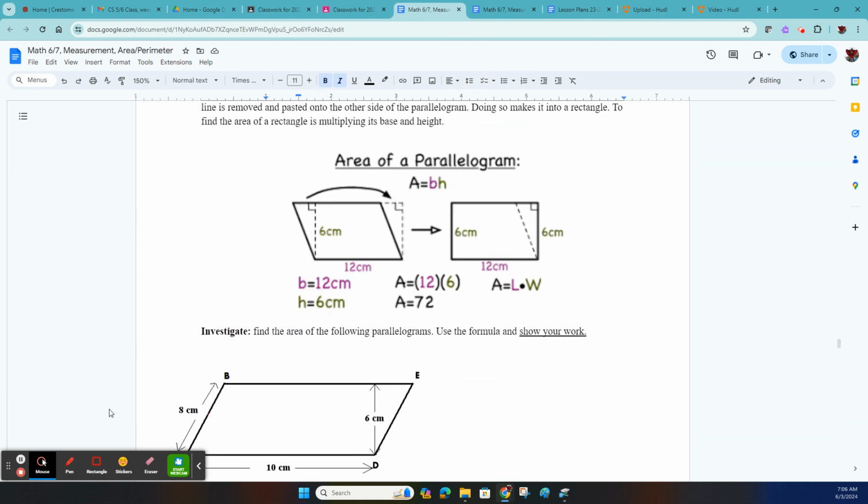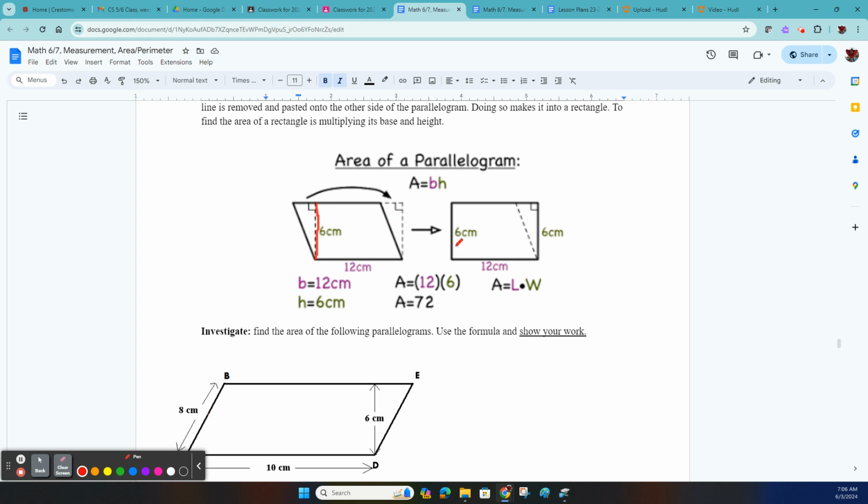We'll check this out. Where we drew that height, forming that 90-degree angle with the base, if we took a pair of scissors and chopped off that chunk and moved it over here, look what it forms. It turns into a rectangle. So essentially what we're doing is just making this parallelogram into a rectangle.